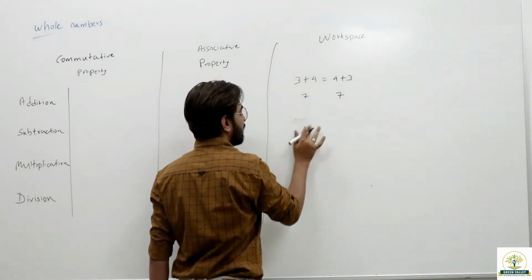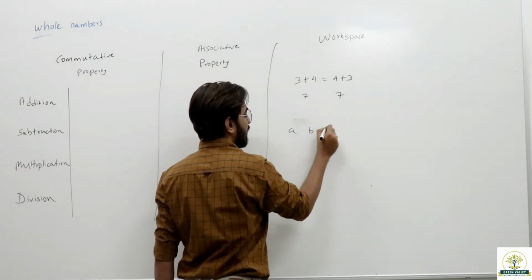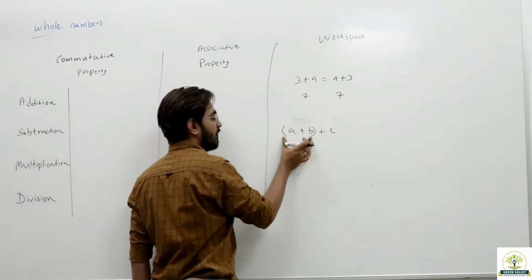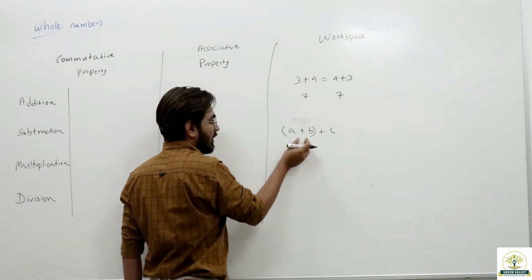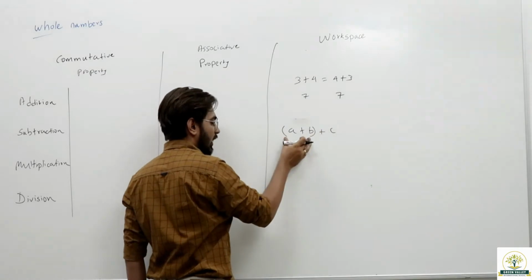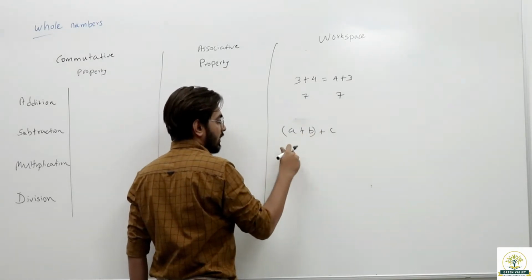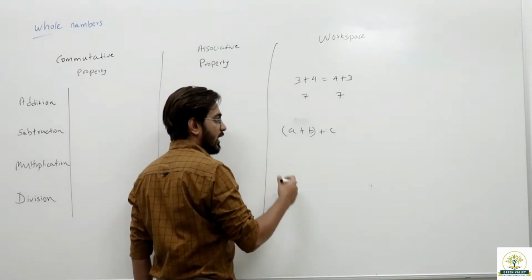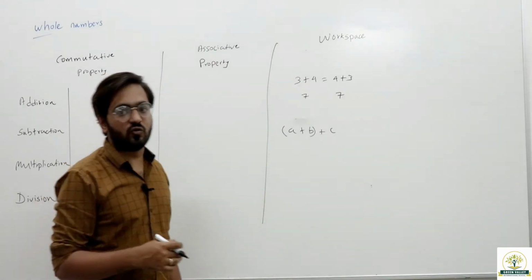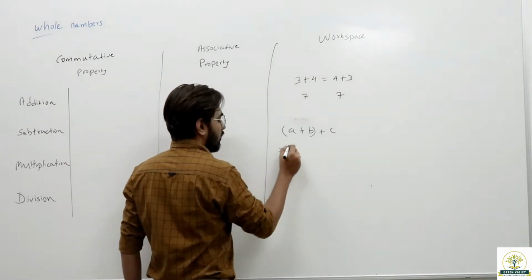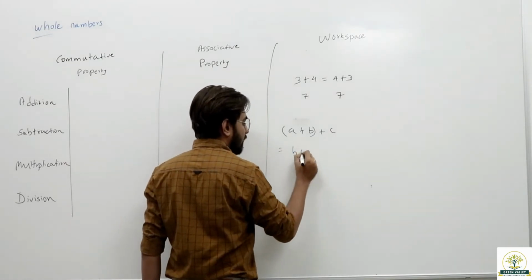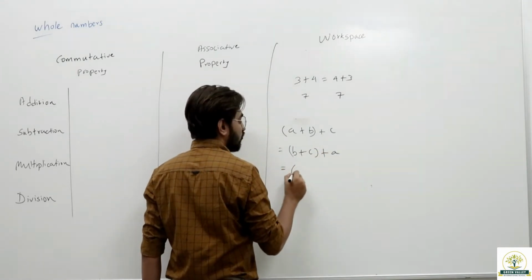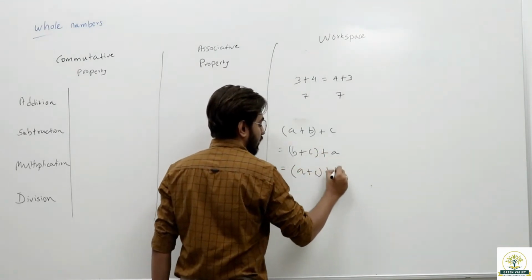Associative property means if there are 3 numbers, let us say A, B and C, if I group the first 2 numbers, add them and then add C to the answer of these, and if my answer is still a whole number, then it does follow associative property. Or I can group them differently and still get the same answer, that is associative property.